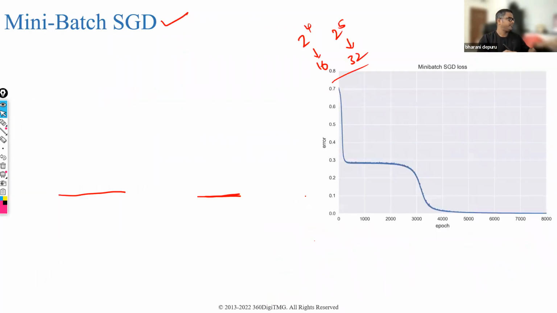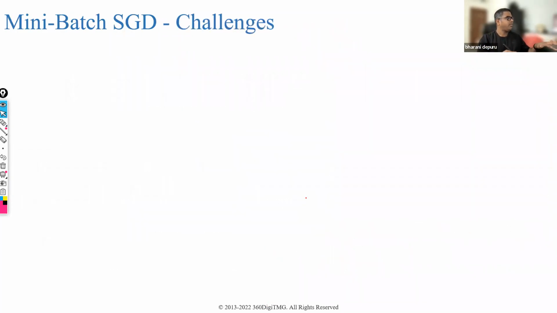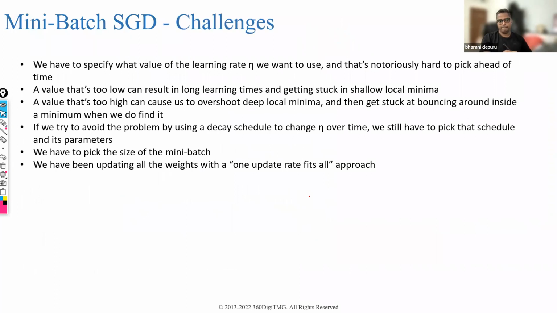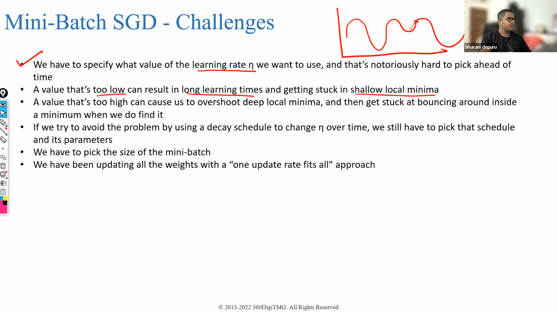But then, mini batch SGD also has challenges. Here we have to specify what learning rate value we want to use, and it's difficult to pick. If you choose a value which is too low, you can get stuck in a shallow minima, meaning if your weights get initialized here, you end up here.